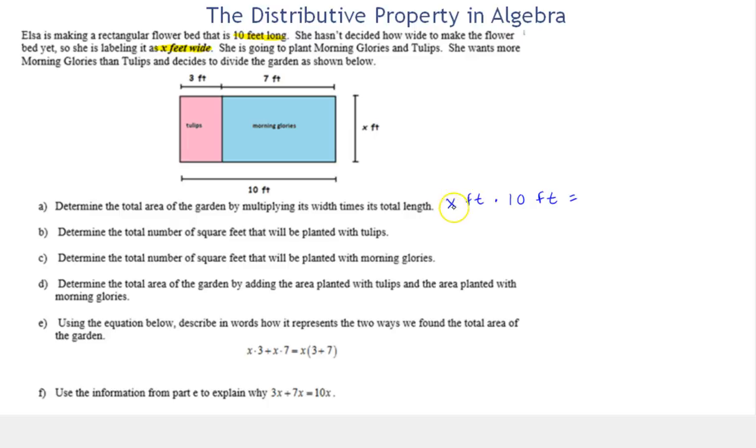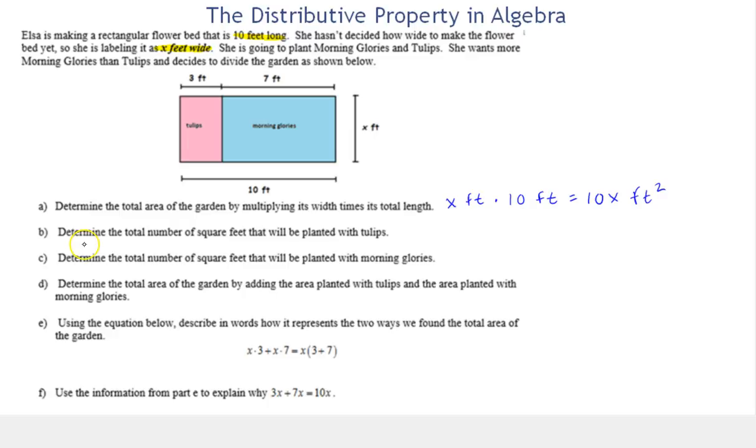Here we don't, but we can still multiply x times 10. It is 10x. Remember, we write the number in front of the variable in general, and we put them next to each other to imply multiplication, and the units are feet squared.